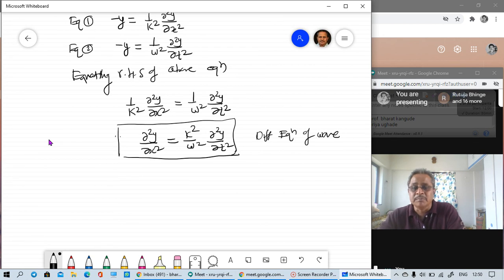But remember, for every wave which occurs in nature, be it a light wave, a sound wave, an earthquake wave, or any other type of elastic wave, waves on a stretched string, any musical instrument, everywhere, whatever the wave may be, every wave is associated with this type of single equation, that is called the differential equation of wave.